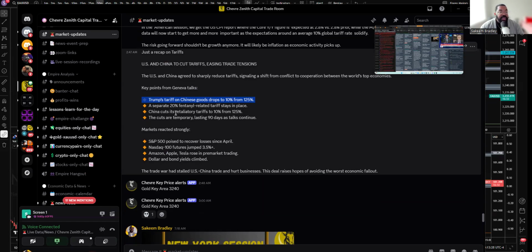We see that China cut tariffs from 125% to 10%. Even though the cuts are temporary, this is de-escalation. This is opening up opportunities for better trade deals. This is what the markets wanted, right? You can see here the US and China cut tariffs to ease trade tensions. So this is good for the global economy, right?